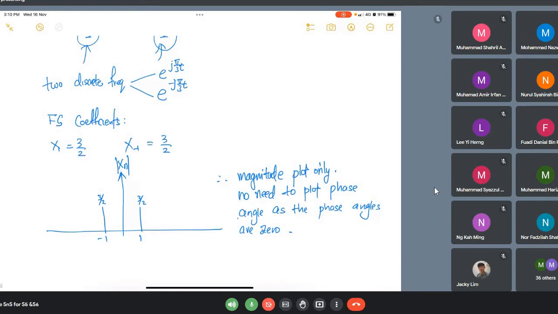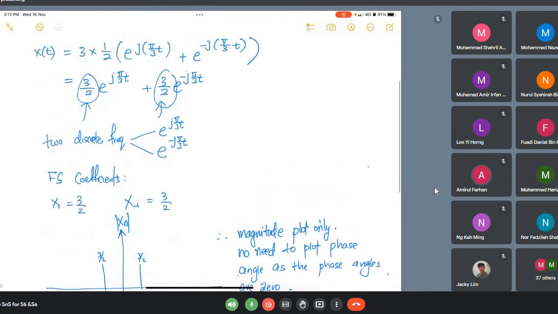Class, I want to ask you, is this signal a periodic signal? Yes. Okay, what is the fundamental period? You have learned what the fundamental period is, right?